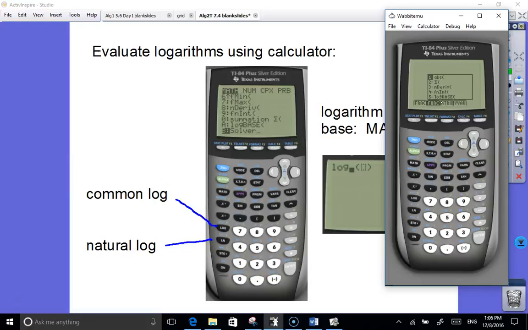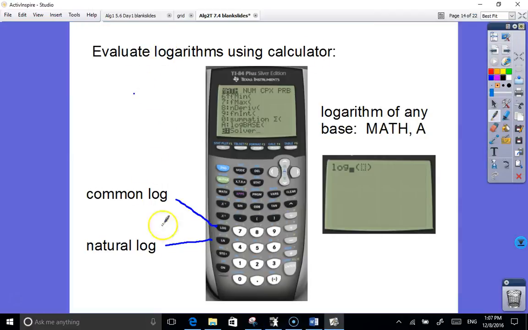I think yours, because it's a newer calculator, has 3 additional ones on the bottom that didn't used to be there. But it definitely has the number 5 option, log base. It's another place you could find it. It also has absolute value right at the top, which is one we use a fair amount. And we will use the number 2 in the 2nd semester, the summation notation. The 3 and the 4, those are calculus things.